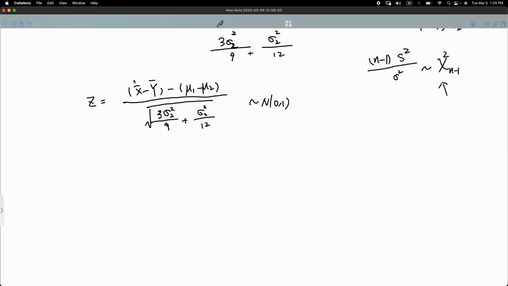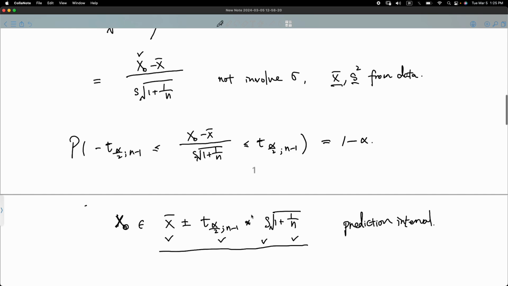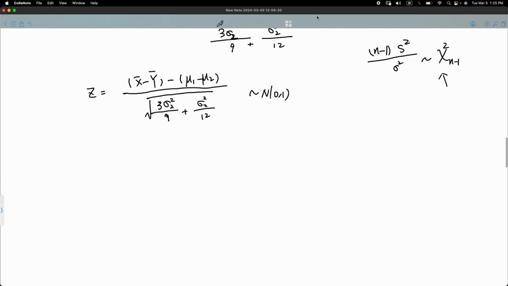Our intermediate goal is that we want to cancel out the sigma squared, so that, similar to the first question, the confidence interval can be evaluated from everything that we can compute from the data. So we need to construct the chi-square in the following way: n1 minus 1 multiplied by s1 squared over sigma 1 squared.